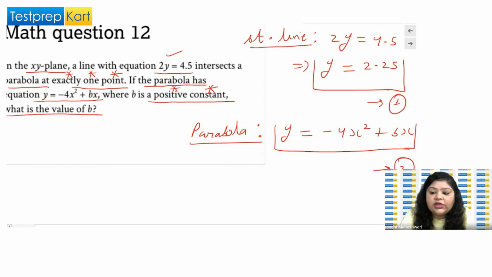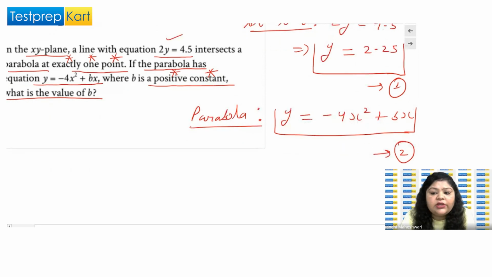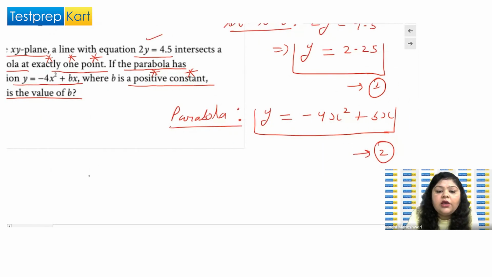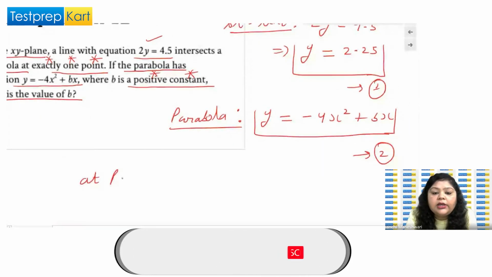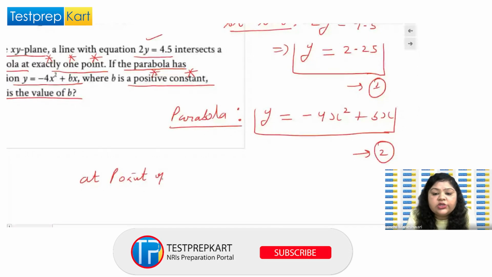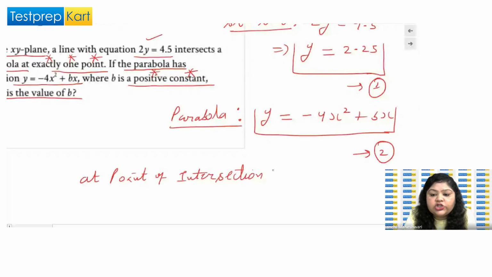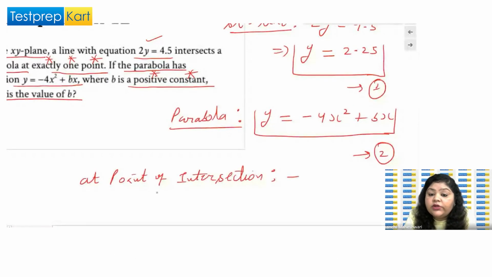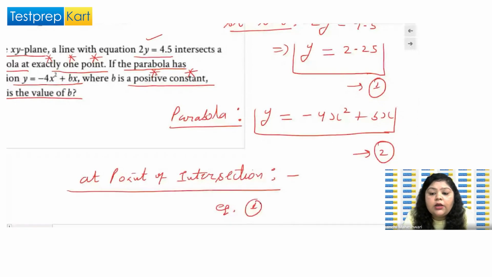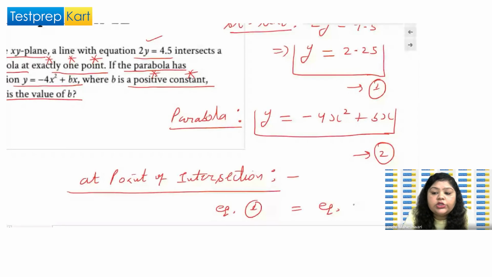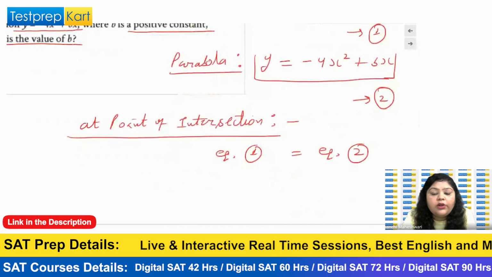So we can say the point will satisfy the equation of both of the curves. Okay, so we can say at the point of intersection, let me just write down this thing here for you. At the point of intersection, both the curves will be same. That means my equation 1 equals to my equation 2. So that's what happens at the point of intersection.